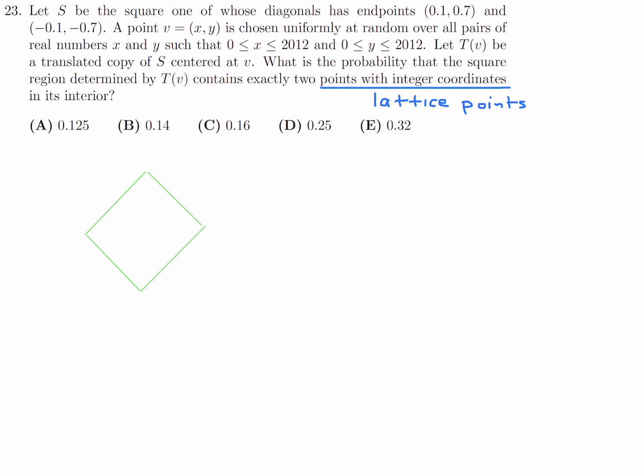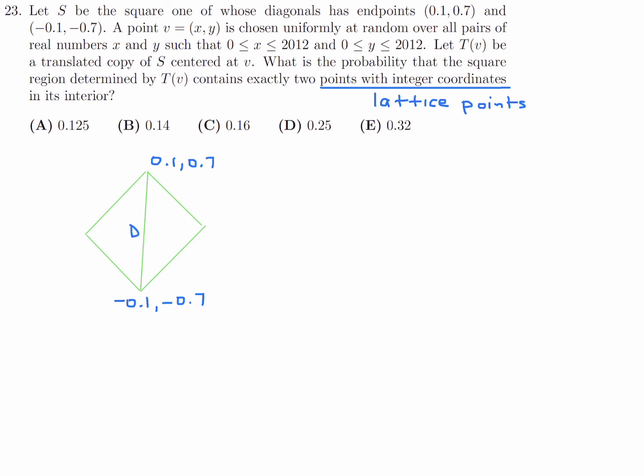They tell me that the diagonal has endpoints (0.1, 0.7) and (-0.1, -0.7). Well, we can easily figure out the diagonal distance.